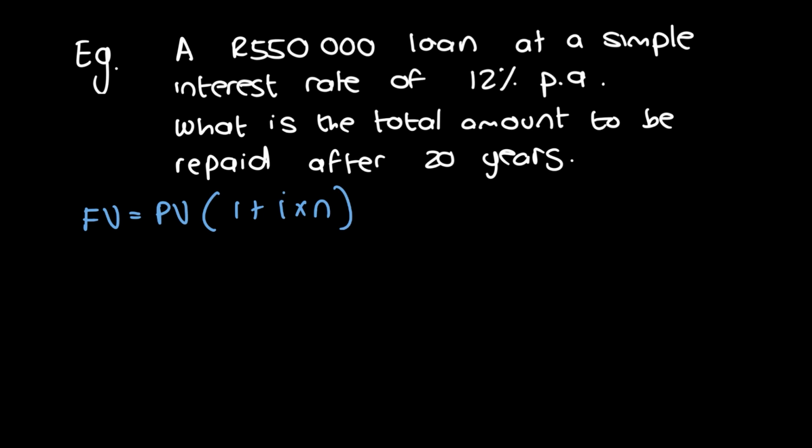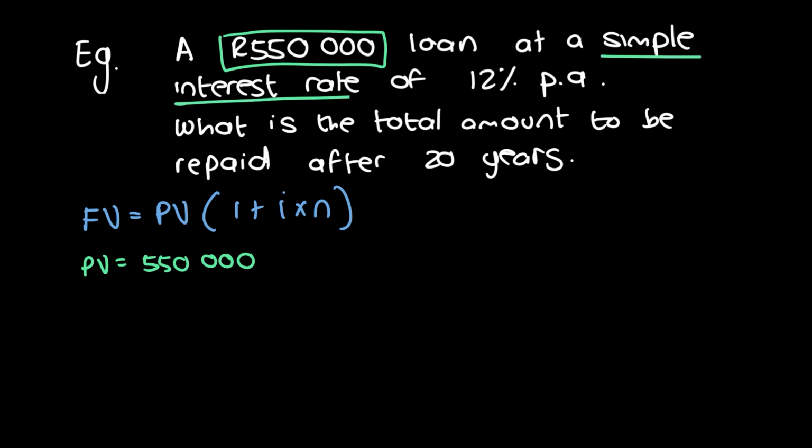Now we need to check if what we're plugging in is in the correct units. So first up, we have a 550,000 Rand loan. So that is the present value, right? And we can say the present value is equal to 550,000. Then it's at a simple interest rate, which tells us that we can use the simple interest formula that we wrote down over here, at 12% per annum.